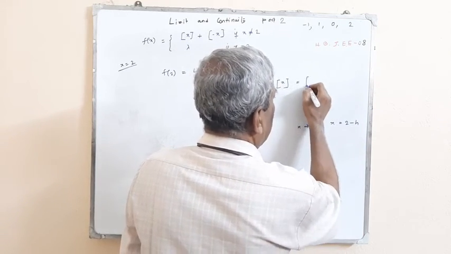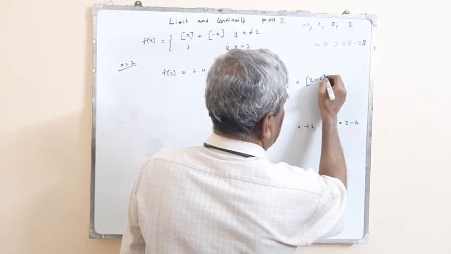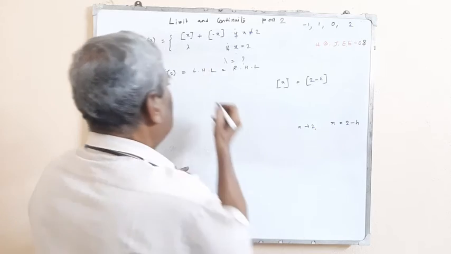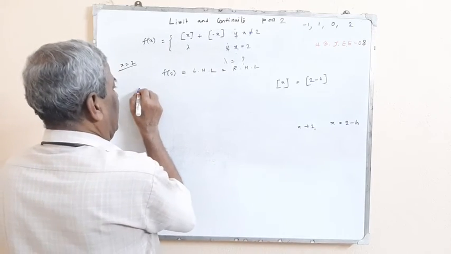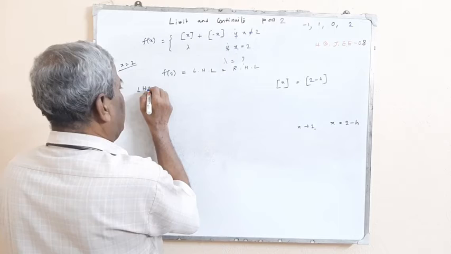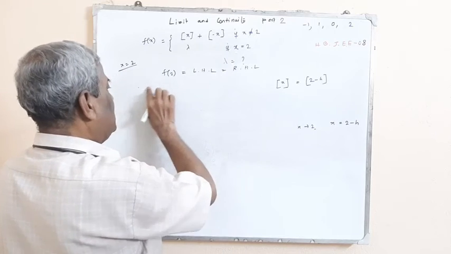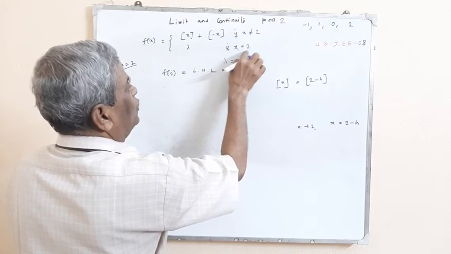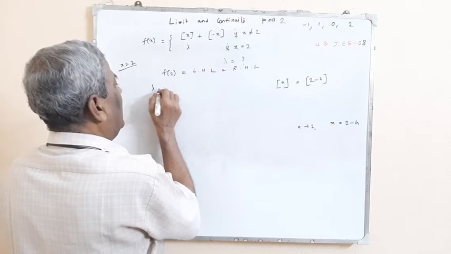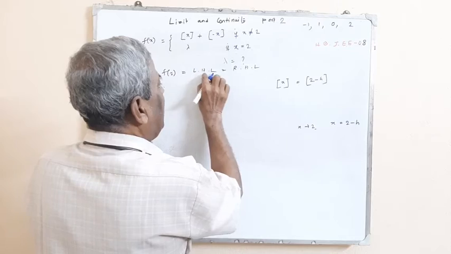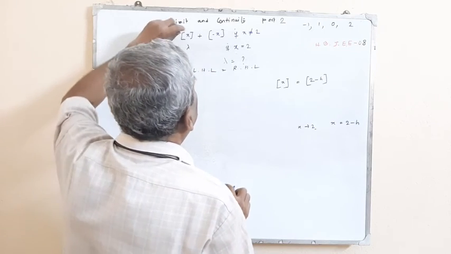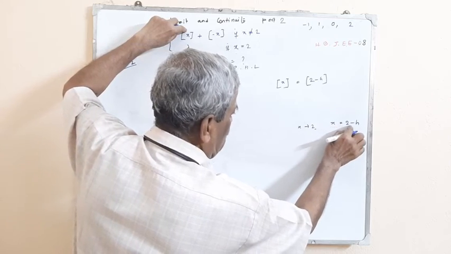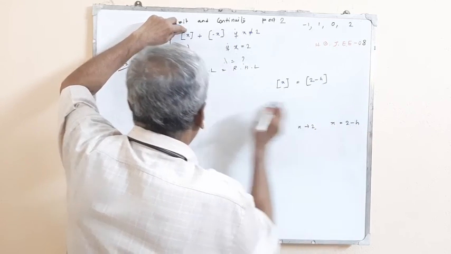So it is box of 2 minus h, that is, its integral value is 1. So f(2) means when x is equal to 2, it is lambda. Lambda is equal to the left hand limit. The left hand limit is when x is equal to 2 minus h, it is less than 2, so it is 1.